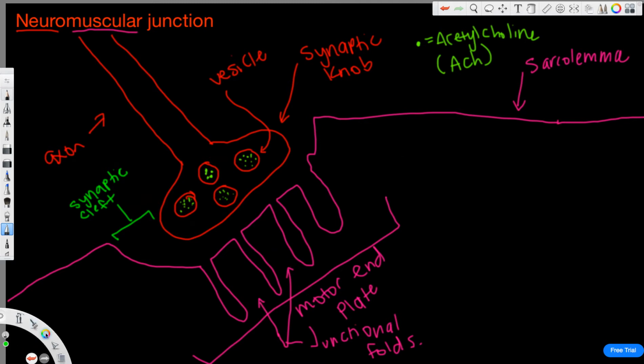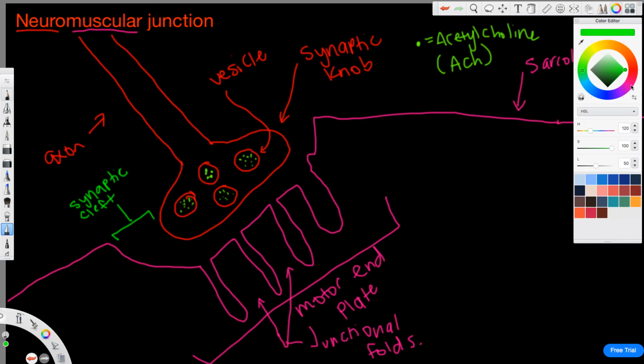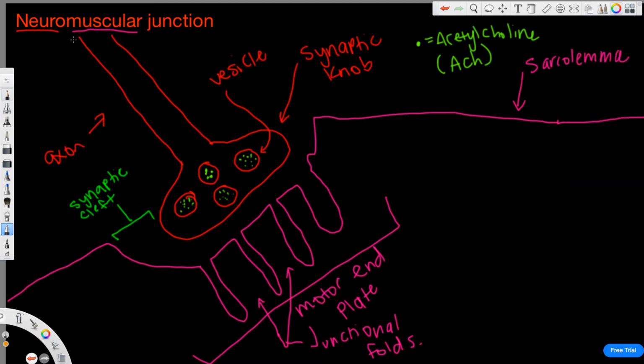Now, let's say that an action potential comes down the axon. So a command has been issued from the brain to activate this particular muscle fiber, and the action potential is going to come down this direction.